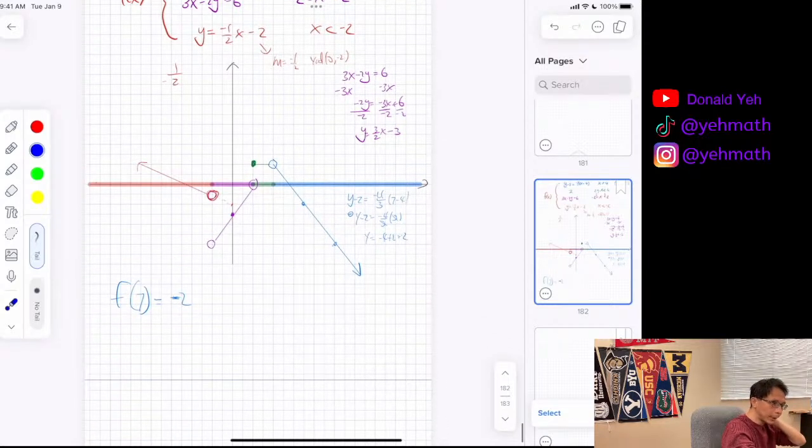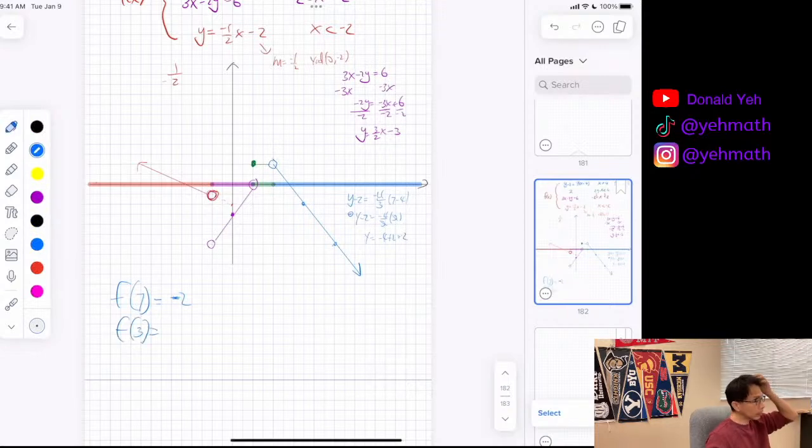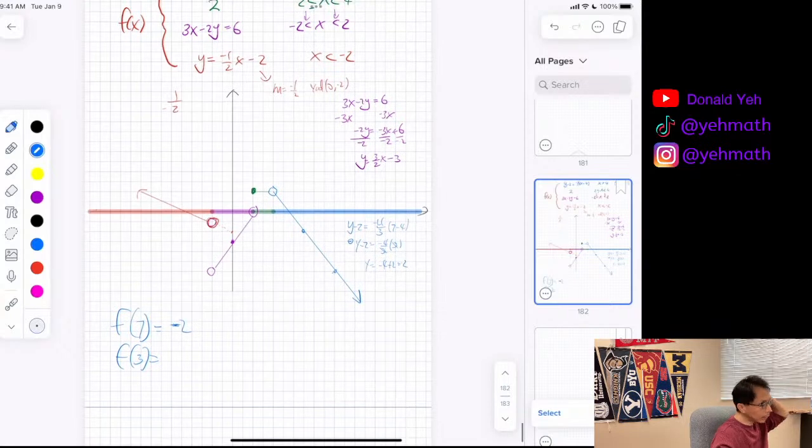Can you tell me what f of 3 is? Now I'm going to change the color. Now Bennett's got it, I need other people to get it. What is f of 3? 2.